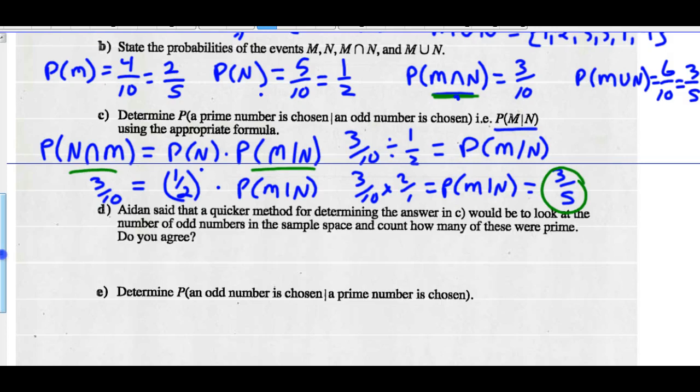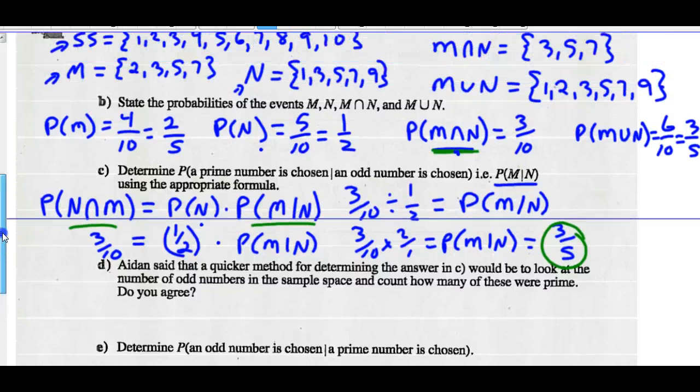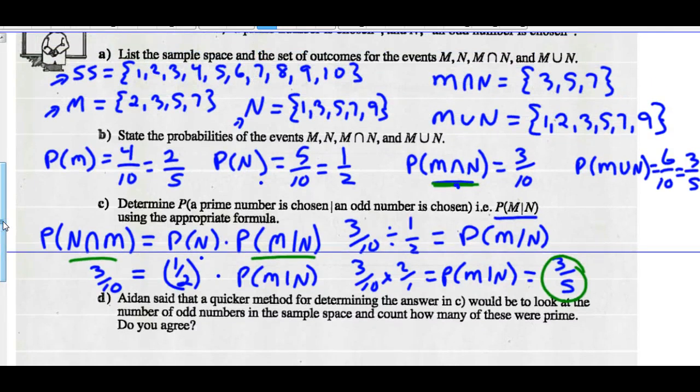All right. Now that makes sense, because if you think about it, set N, if you go back to the top here, set N has 5 elements, and given that N has occurred, that's our 5 elements. We want to choose something from M. Well, which ones are already there?